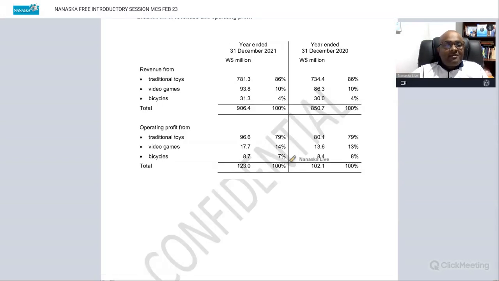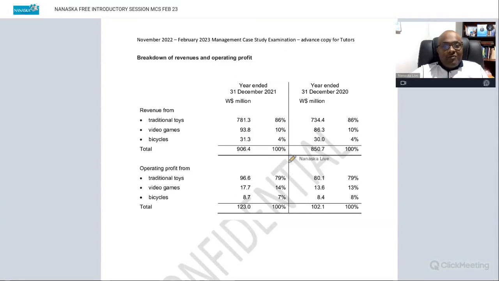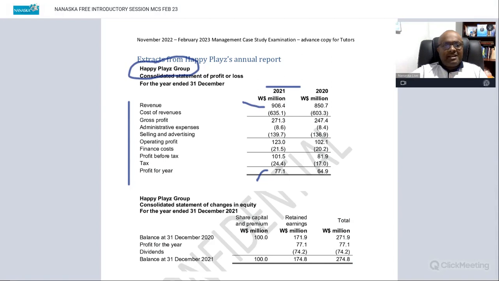And then you will see we have revenue of 906 million. Either way, 906.4 is the number given in the P&L. Can you go to the P&L and double check that?